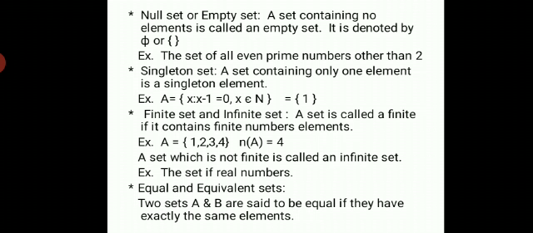Next, singleton set. A set containing only one element is called a singleton set. For example, A is a set which is equal to {x such that x minus 1 is equal to 0}, and the condition for x is x belongs to natural numbers N. Here the natural numbers start from 1.